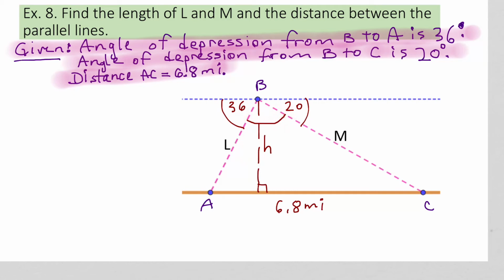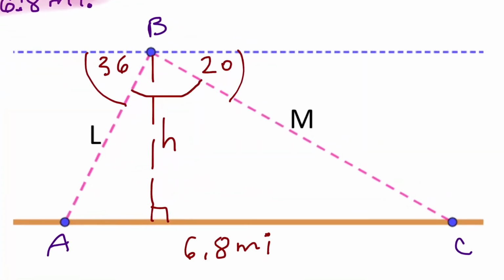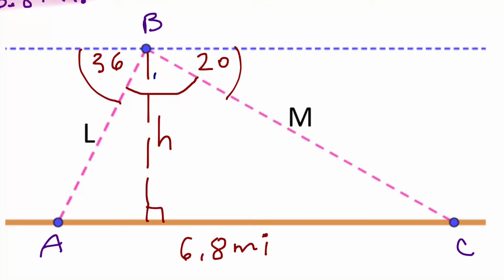All right, so that angle is going to be 180, the straight line angle here, minus 36 minus 20. So 180 minus 36 minus 20. I type that in and I get 124 degrees. So this is 124 degrees here.